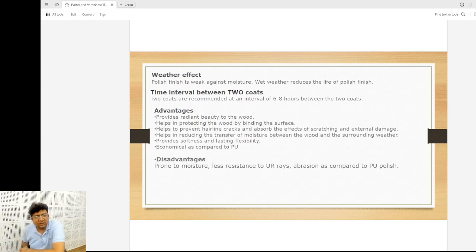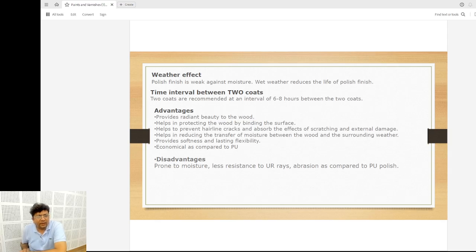What are the advantages? Let us discuss the advantages of the varnish or the polish. The polish provides radiant beauty to the wood, because after polishing you will find the natural beauty of the wood has been increased manifold. It helps in protecting the wood by binding the surface together, protecting all the joints and everything.